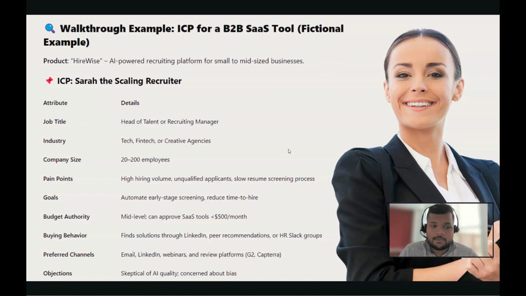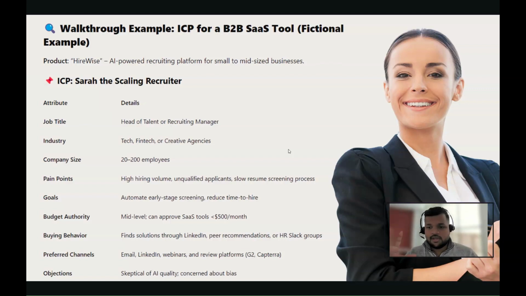That's why having these goals is very important. So you are talking to the customer's goal, of how HireWise is going to reduce the time to hire by, let's say, X%, 80%, 90%, or whatever is the realistic one.